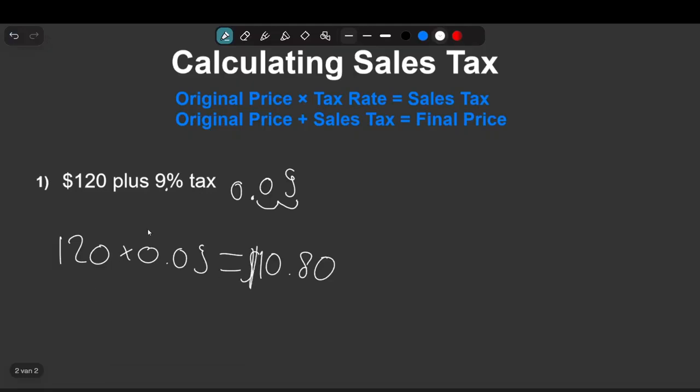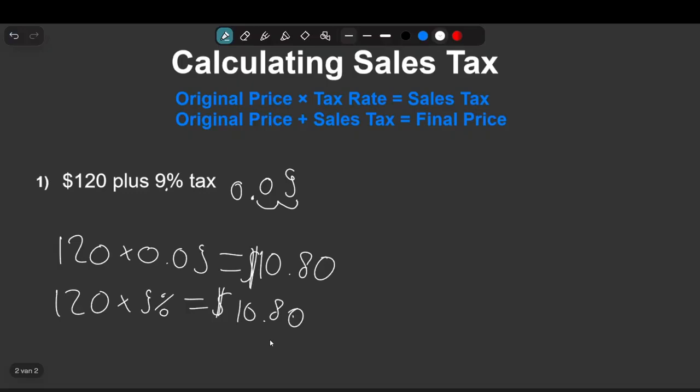Also, if you have a calculator with a percent button on it, you can just do 120 times 9%. This will also give you the exact same number of $10.80.